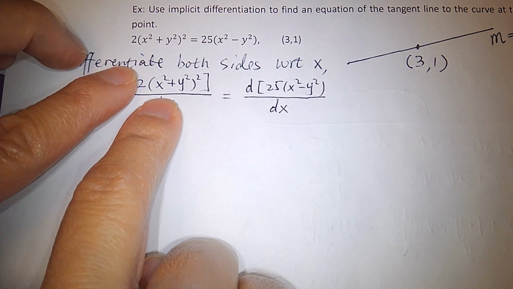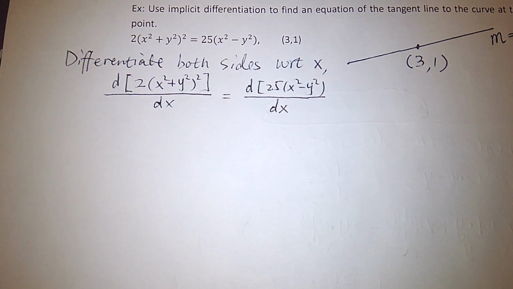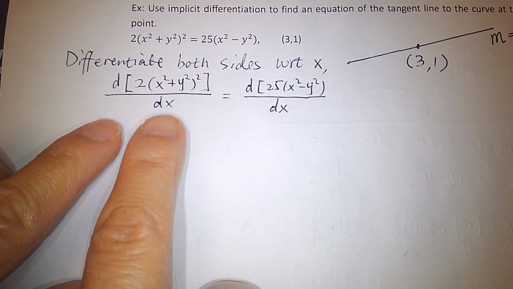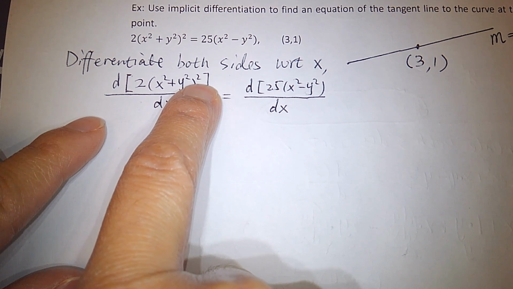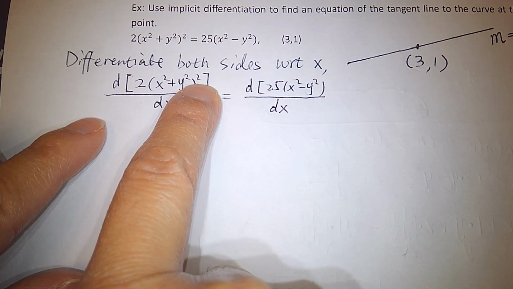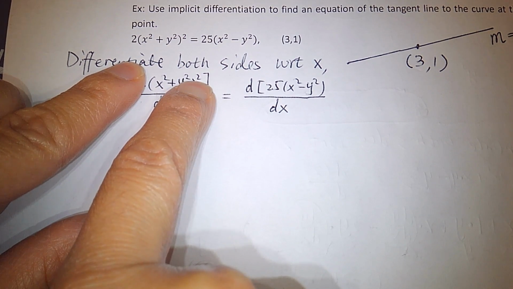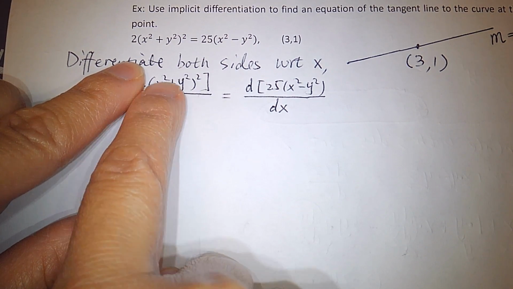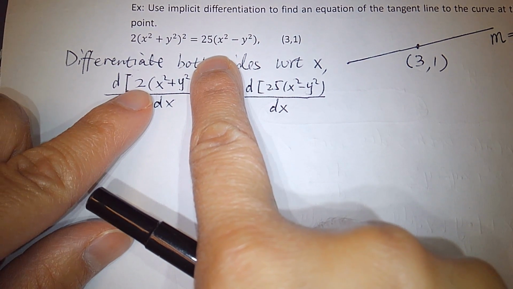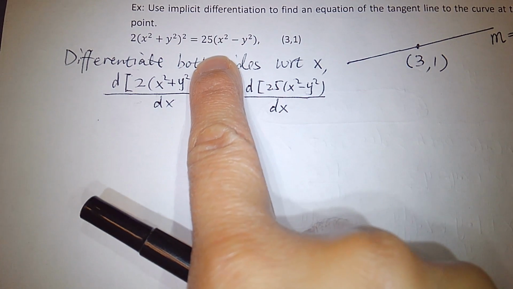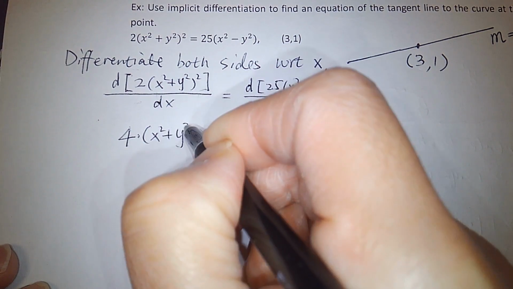Differentiate 2 times (x squared plus y squared) squared with respect to x. We have a power, right? So at first we're going to use the power rule. This whole thing squared, derivative should give us 2 times this thing, times the given 2. That's going to be 4 times (x squared plus y squared).